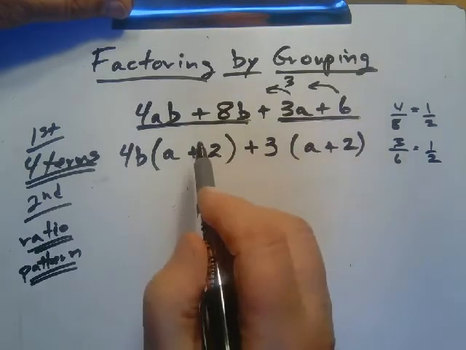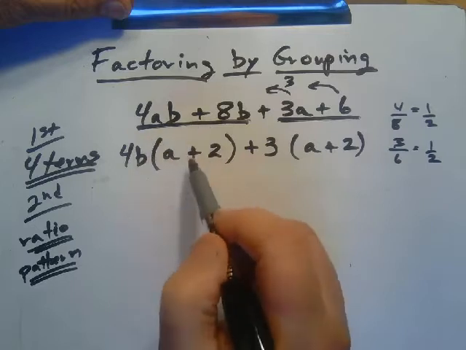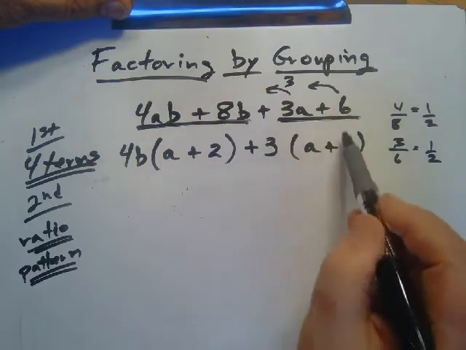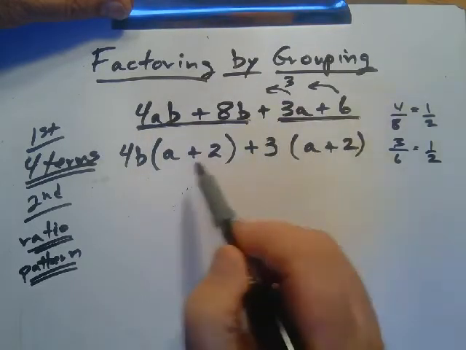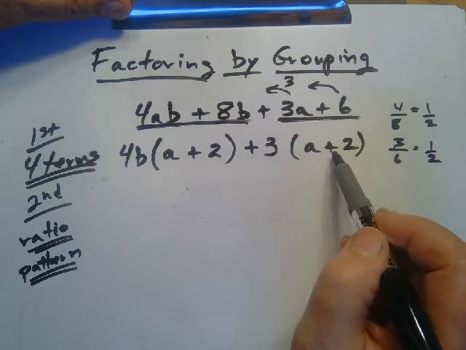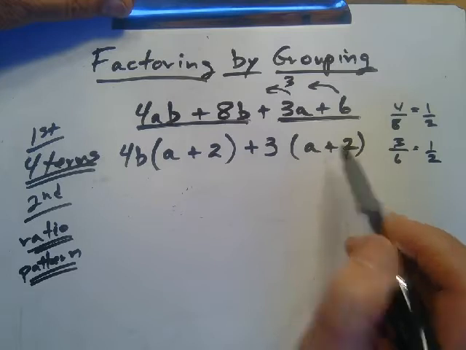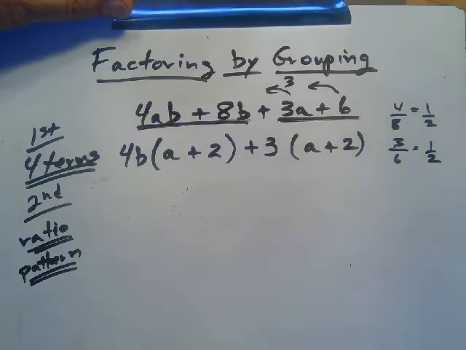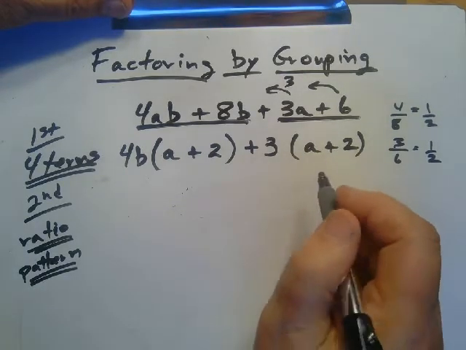Now what we did is we factored this group, and we factored this group, and they both had the same leftovers. Now, if you recall foiling, what we're really doing here is we're unfoiling this problem.